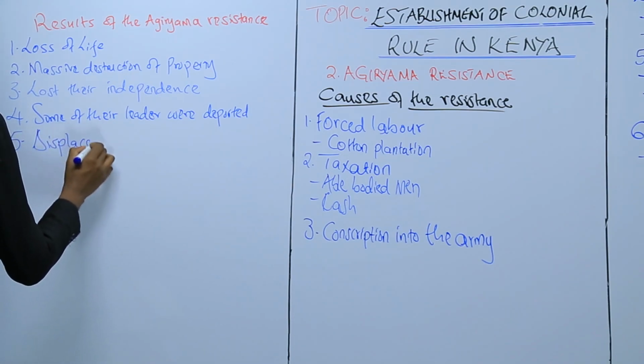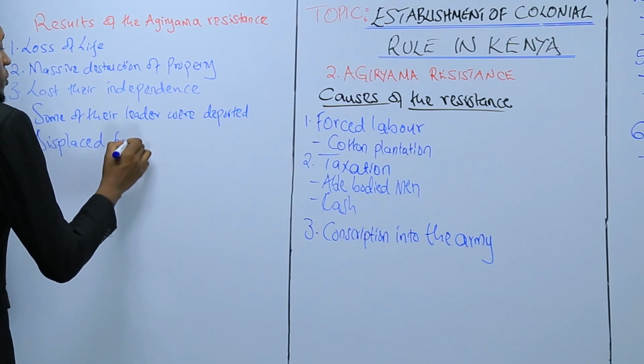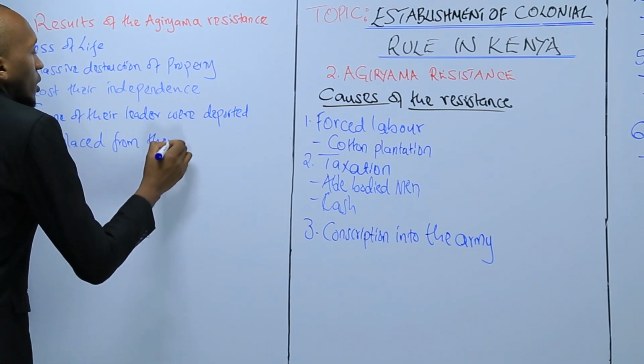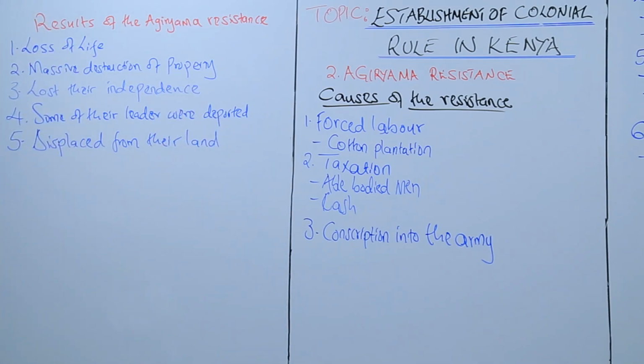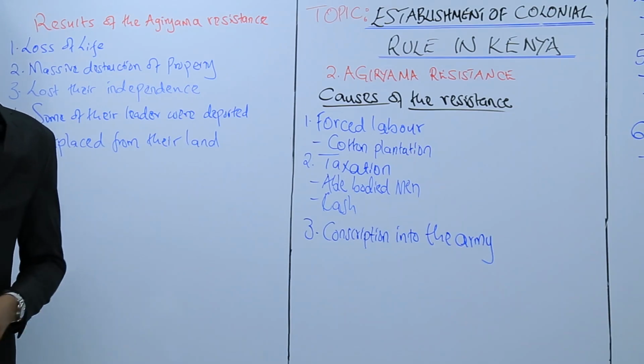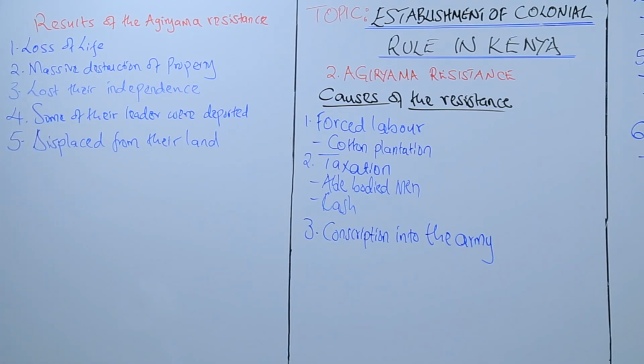They were displaced from their land to pave way for the plantations. So most of the Agiryama people were pushed into reserves to give way for the British plantations.